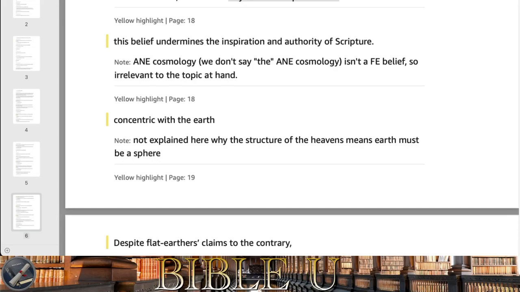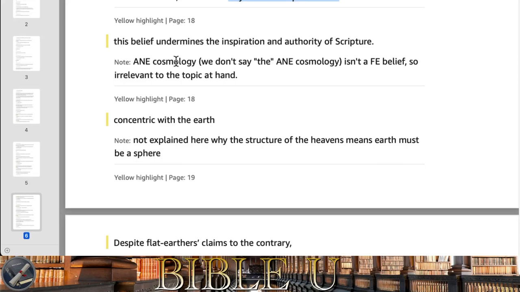But he says he'll mention two problems right now. First, there was no single ancient Near East cosmology, so how could the Bible reflect it? I don't know who's saying there is the ancient Near East cosmology or one ancient Near East cosmology. It's not a flat earth belief. It's in everybody's belief of what various ancient Near East cultures believed. And why are we only looking at ancient Near East?